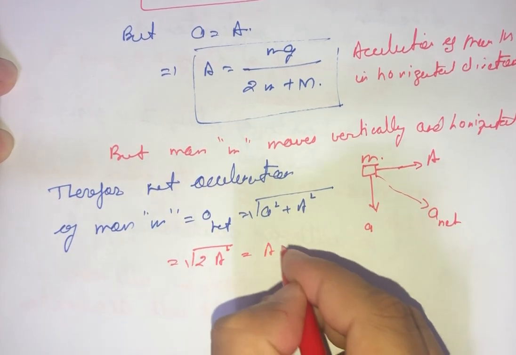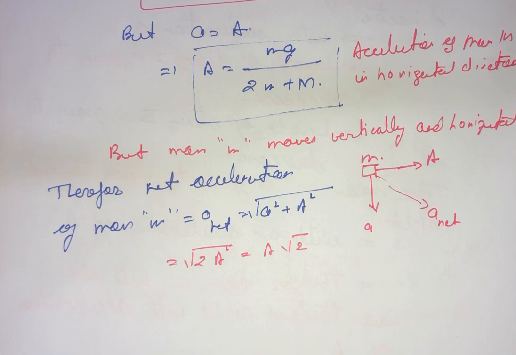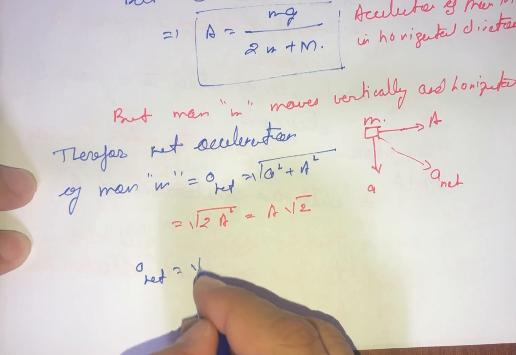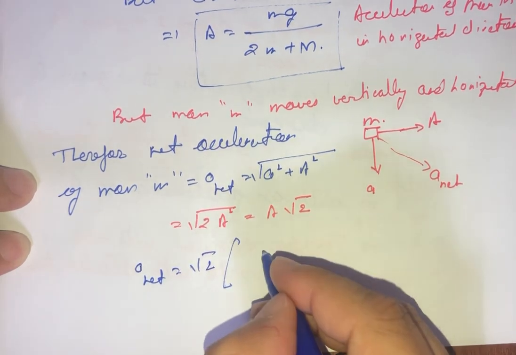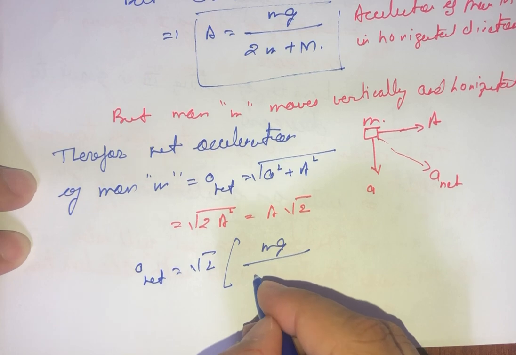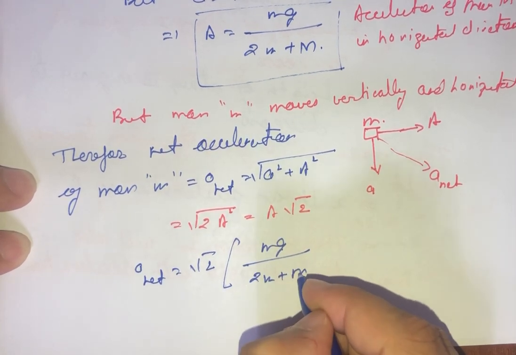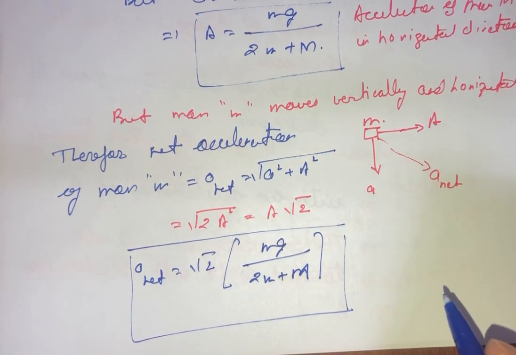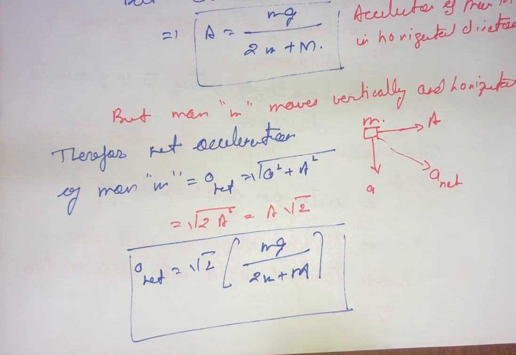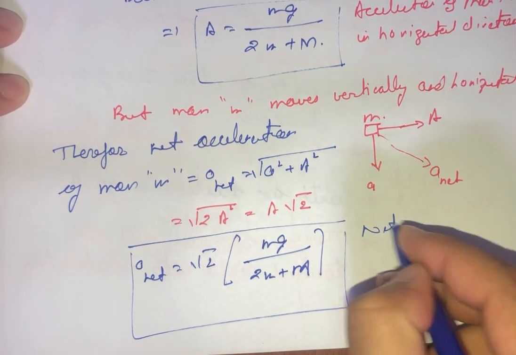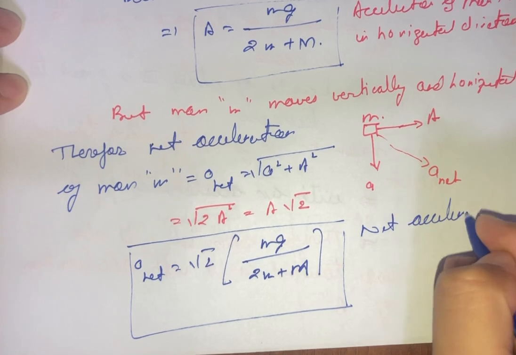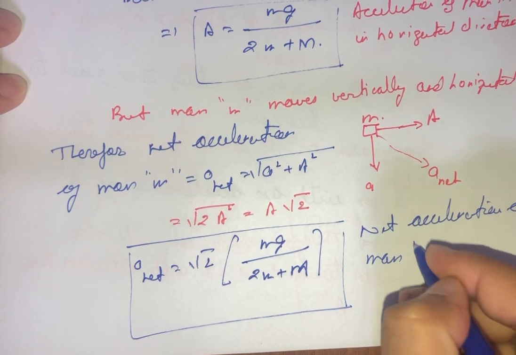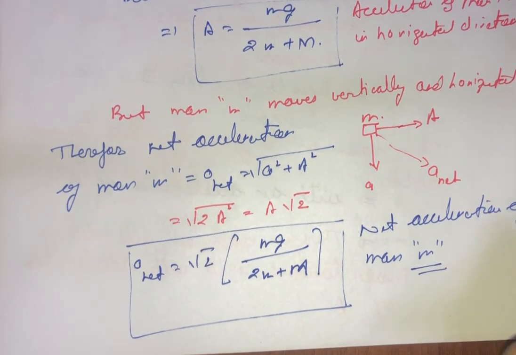This can be written as A root 2, and A net will be equal to root 2, substitute value of A, that is mg divided by 2m plus capital M. This is the net acceleration of mass small m. Thank you.